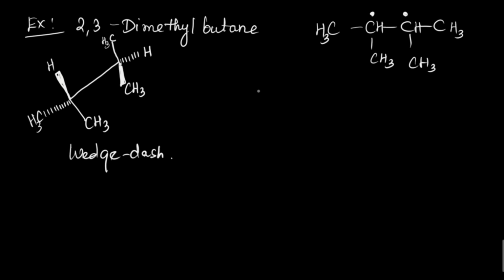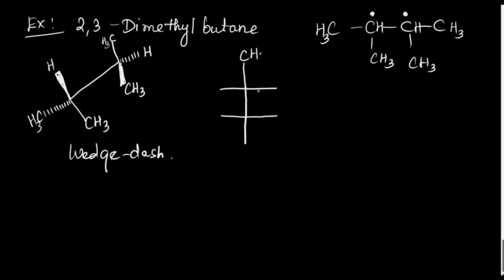So now let's go to the second projection. I have the lines. So this and this carbon, one carbon is attached with two CH3s and one hydrogen. Okay. So here I'm having CH3, CH3 on the right side, I'm having hydrogen, on the left side I'm having another CH3. Note it down. The solid wedges are opposite to each other.